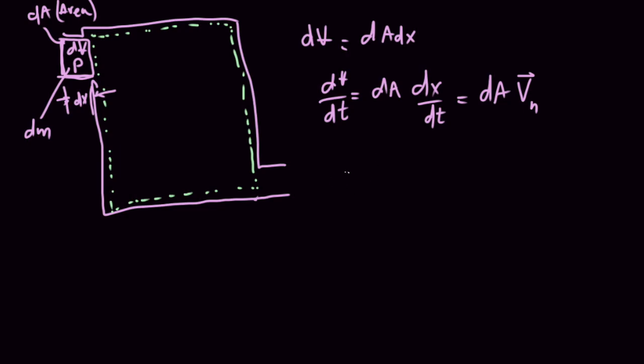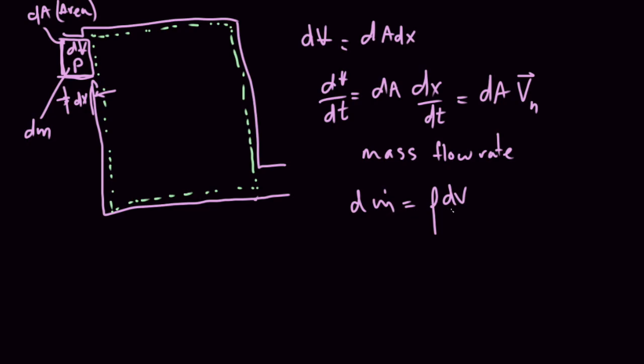All right, so now we're going to look at the mass flow rate. So what is the mass flow rate? Well, the mass flow rate, dm dot, is equal to density times the volume, because the volume would be meters cubed, and density would be kilograms per meters cubed, so the meters cubed cancel out, and you're left with kilograms.